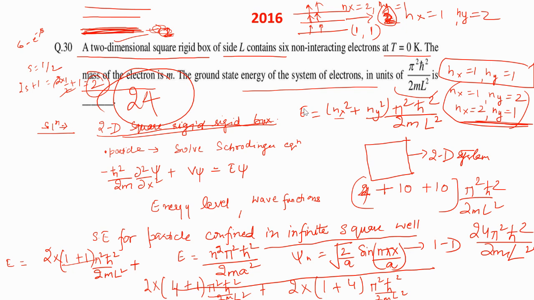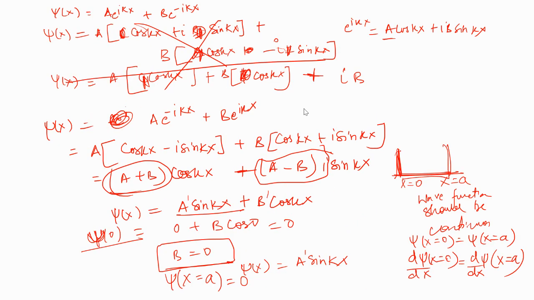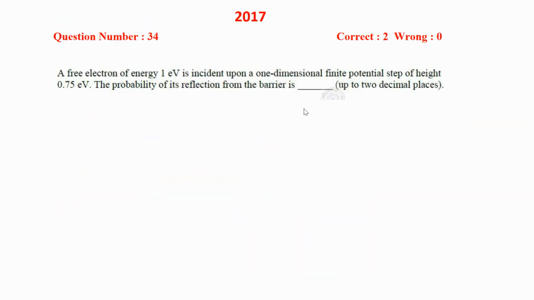Now moving on to the next question. This is the next question. A free electron of energy 1 eV is incident upon a one dimensional finite potential of height V naught.